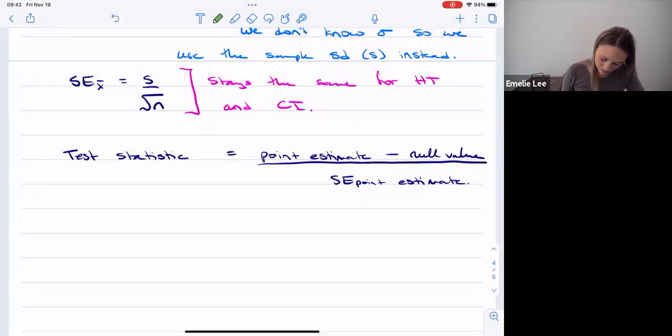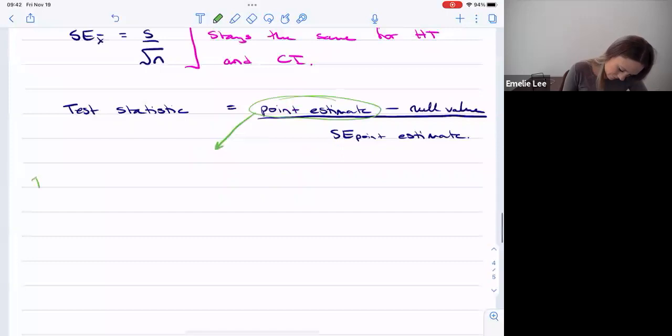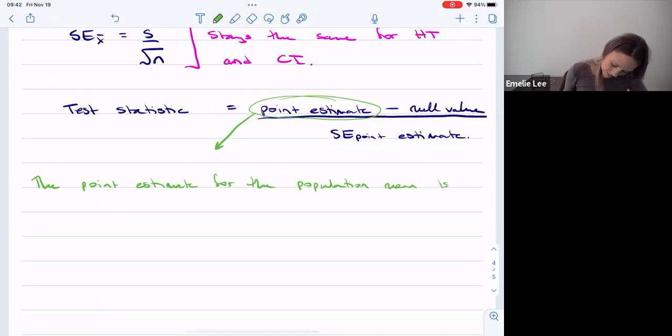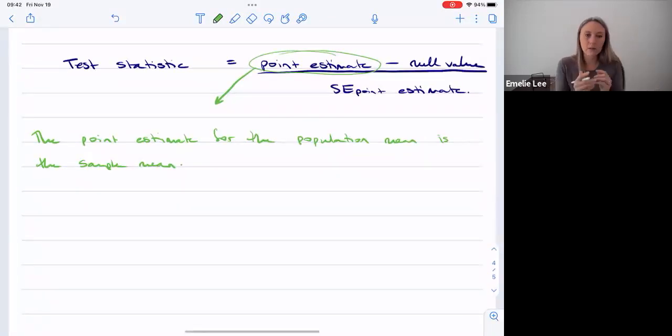In this case, the point estimate for the population mean has to be the sample mean, right? The null value is that mu naught, right?